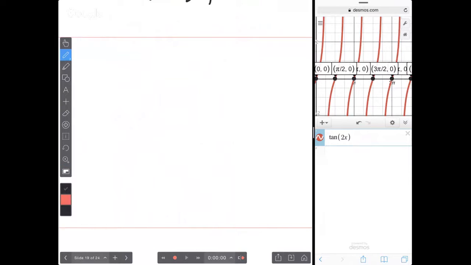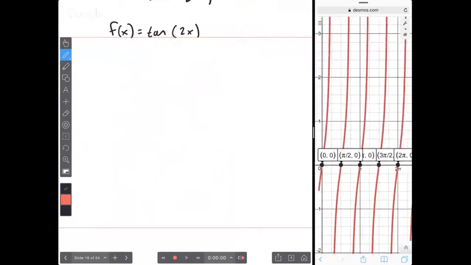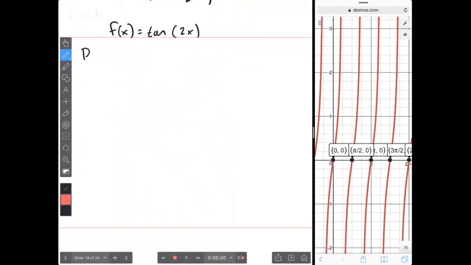Domain and range. This is for f of x equals tan of 2x. We'll do domain. The set of values x such that x does not equal all the asymptotes.